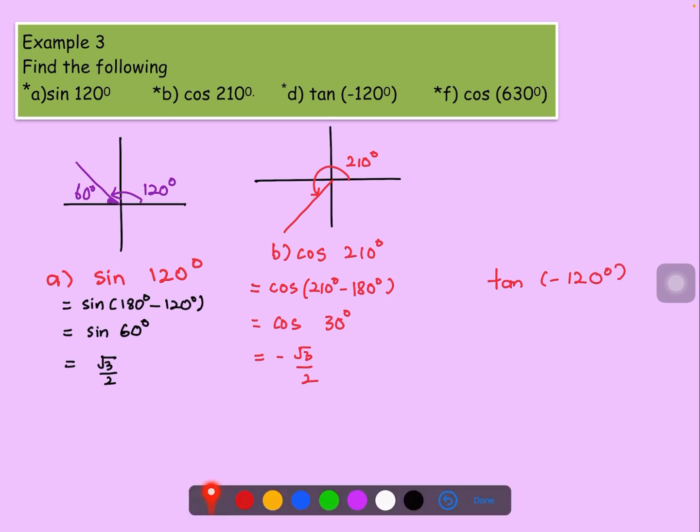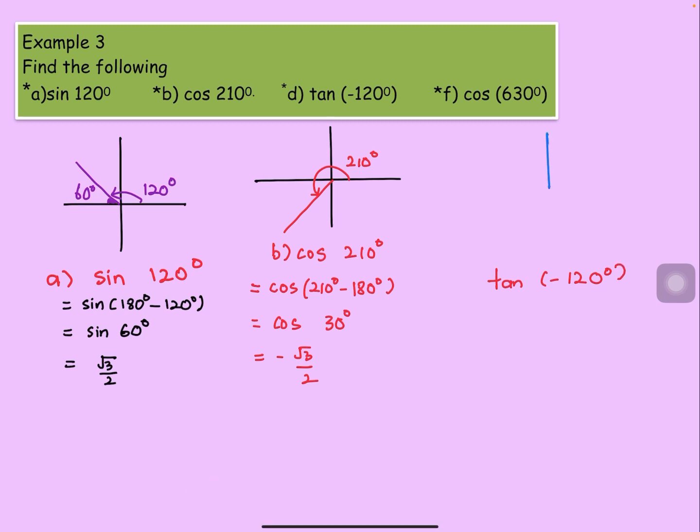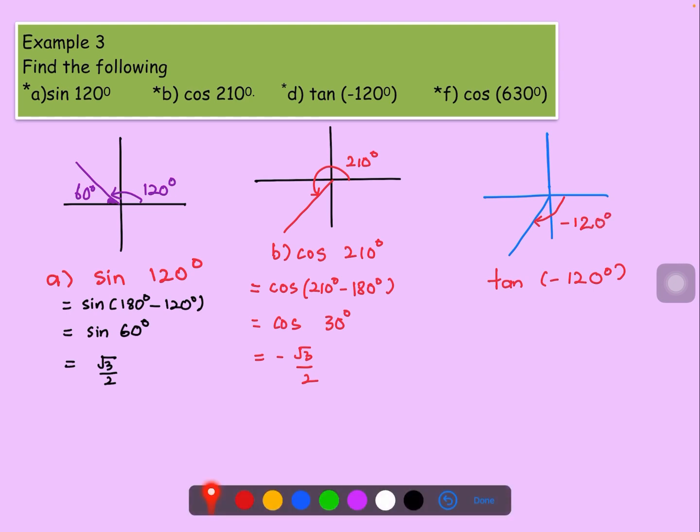Tangent minus 120 degrees. We will have here, it is minus, starting from 0 here, this line, and until the line of tangent minus 120.